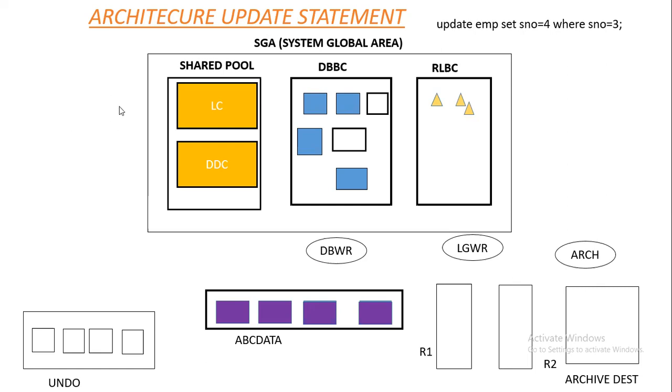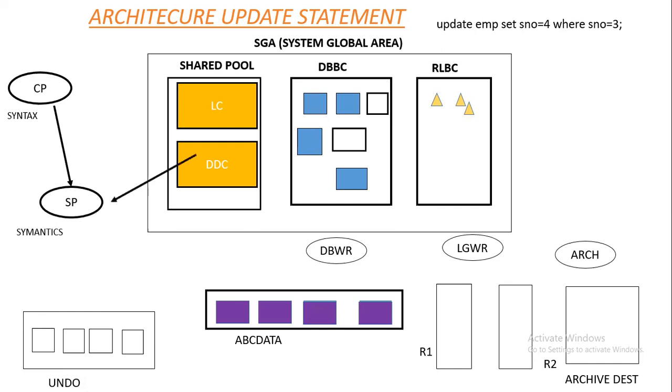So let's see, the same way the architecture will work. This is the client process. What will the client process do? It will check the syntax of the statement. If the syntax is fine, it will be moved to the server process. The server process will check the semantics, which are available in the data dictionary cache.